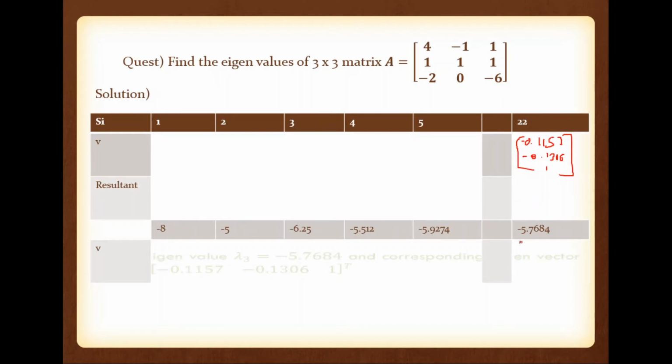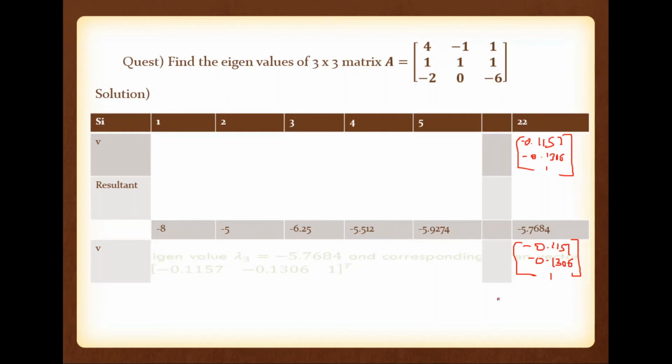Taking out minus 5.7684, we get the same thing: minus 0.1157, minus 0.1306 and 1. It means after the 22nd iteration, the initial vector and the output normalized vector will be the same.